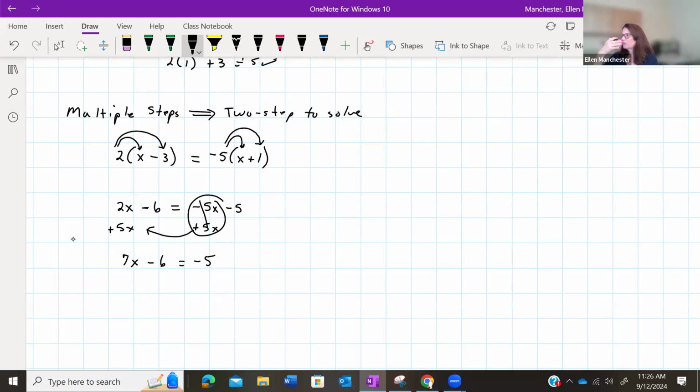Get rid of the -6 first, and then divide by 7. So add 6. 7x equals 1, because that cancels, and then divide by 7. So x equals 1/7.